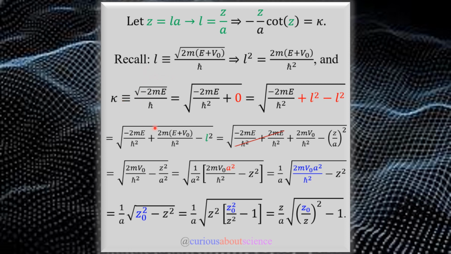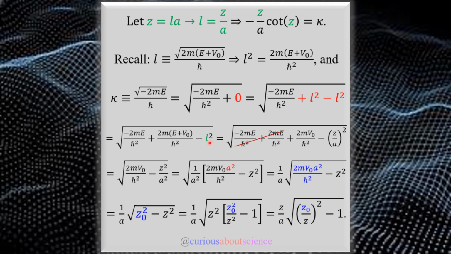So moving forward, if we plug in L squared on the positive side and just leave the negative L squared on this side, what we see is that this substitution will eventually, when we factor or FOIL out the 2m with the E and V0, we get these fractions here that cancel. Wonderful, we like that, get rid of them, no big deal. Now we have a function with kappa relating the potential and the variable of interest z, and now we can simplify this down even more.